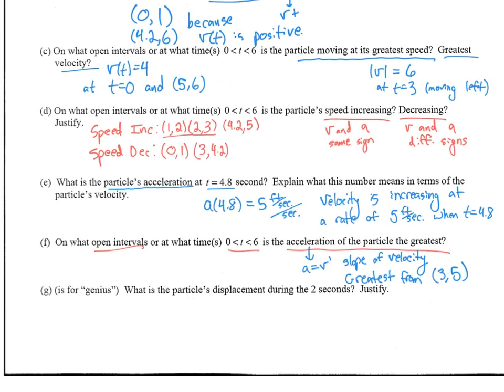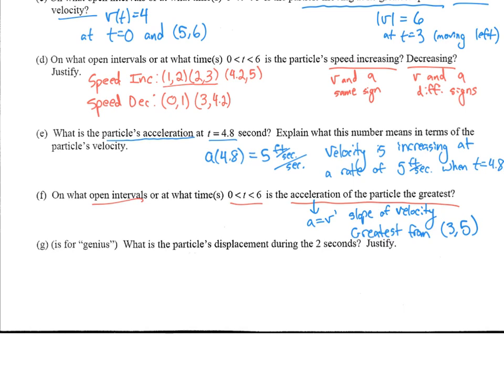Okay, and then for this last problem, what is the particle's displacement during the first 2 seconds? I'm not going to explain this step by step, but I am going to give you a hint. Look at the area from 0 to 1 and the area from 1 to 2, and then think about this.